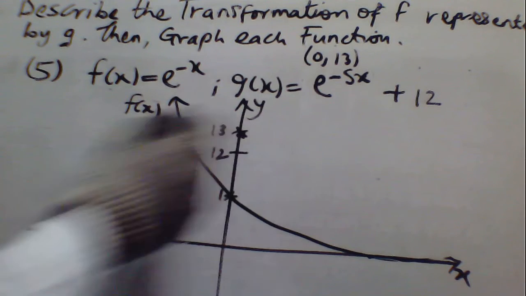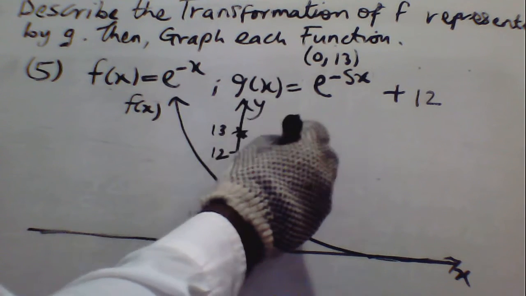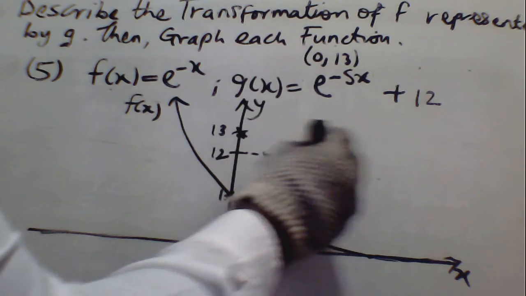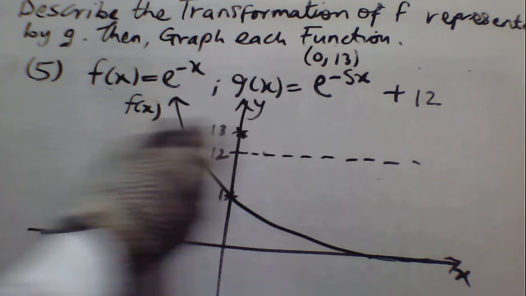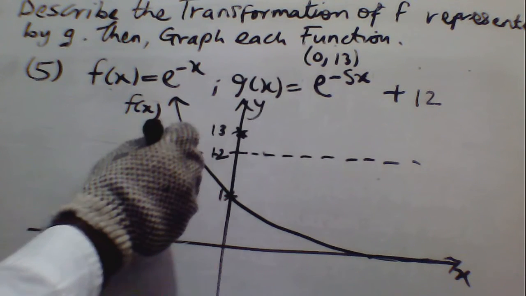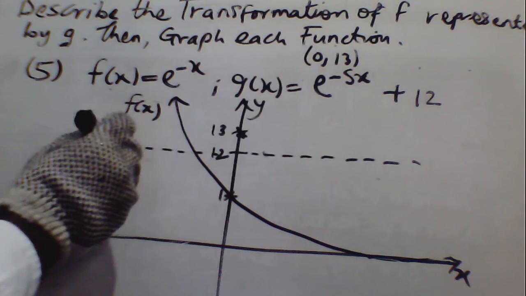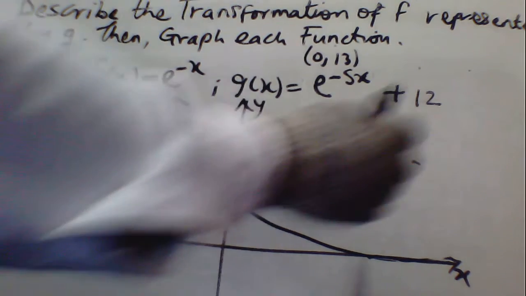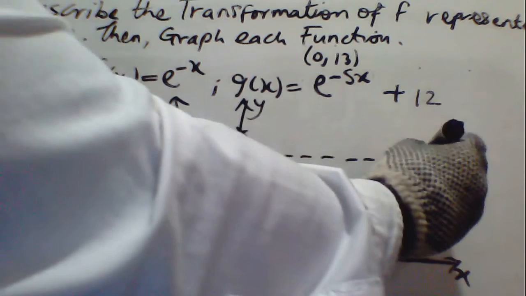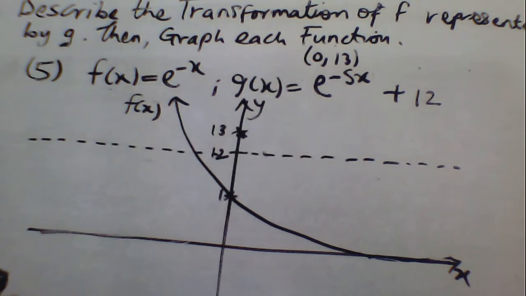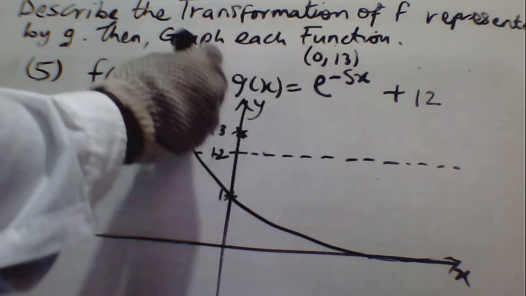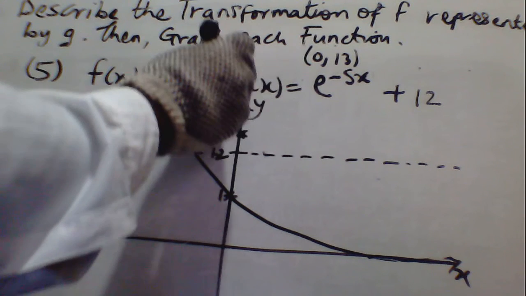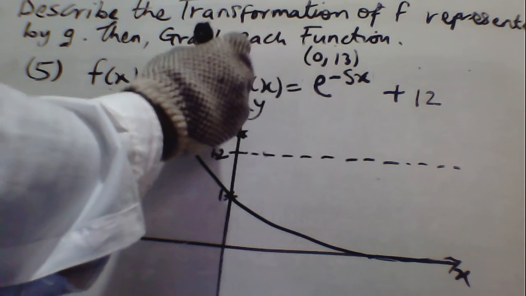So because of this 12, you now draw a line here. There will not be any values of g of x that will be less than 12. That's why 12 acts as what? Horizontal asymptote. So with this, you put your curve here and graph it.